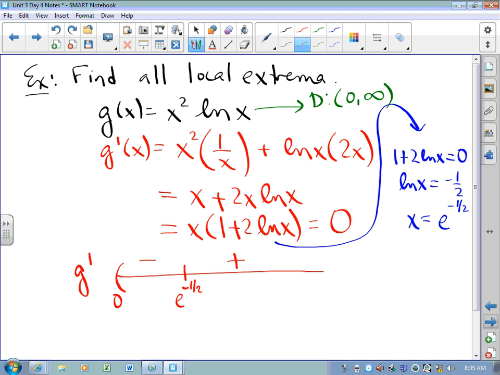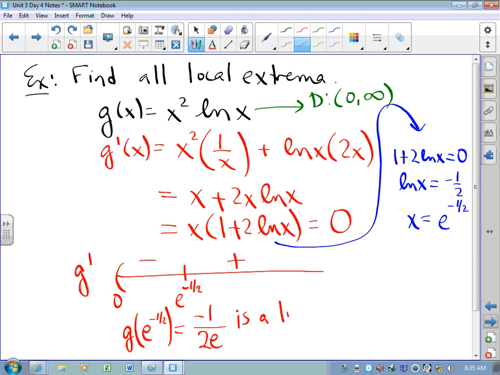And so I want to answer the question. I know that g of e to the negative 1/2 happens to be negative 1 over 2e, for those of you that want to take the time and sub that into the g function and pull that out.